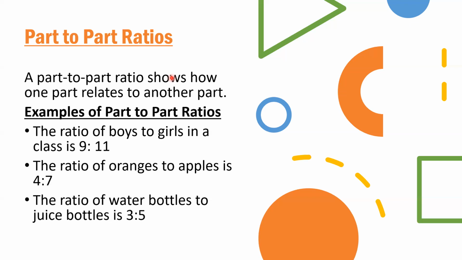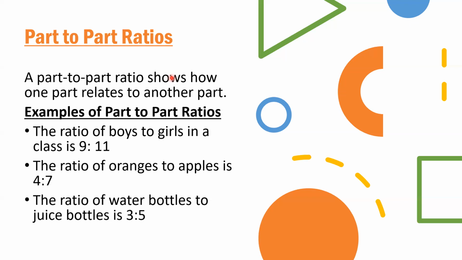So this is part to part, all right? So boys and girls in the class. That's boys in the class, girls in the class. Oranges and apples. Oranges in the basket, apples in the basket. Water bottles and juice bottles. Water bottles in the refrigerator, juice bottles in the refrigerator.